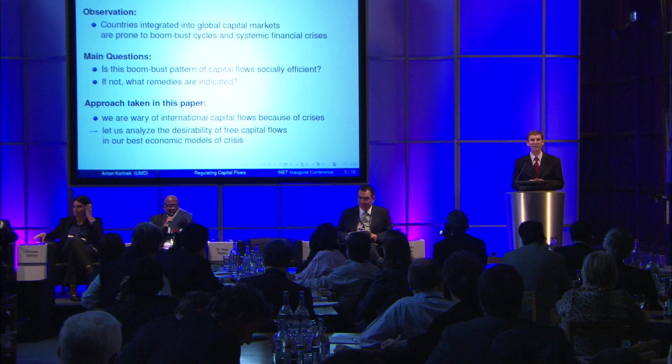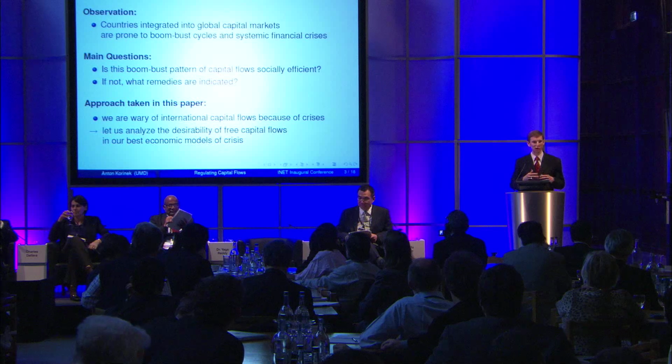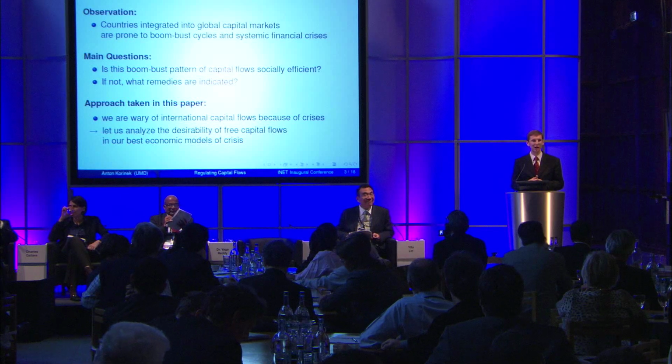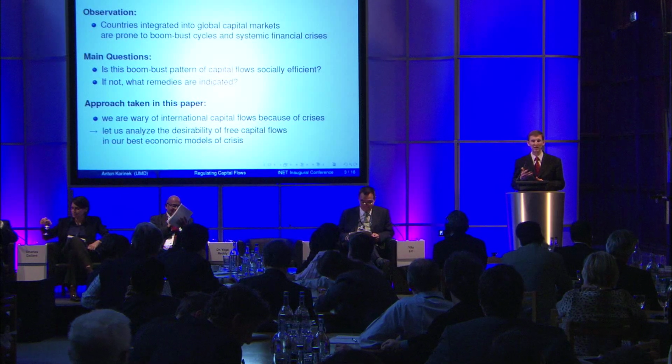Now, what we can see here is there is actually a fairly close correlation between the incidence of crisis and capital mobility. So what this suggests is that countries that are integrated into global financial markets are more prone to boom-bust cycles and systemic financial crisis than other countries.